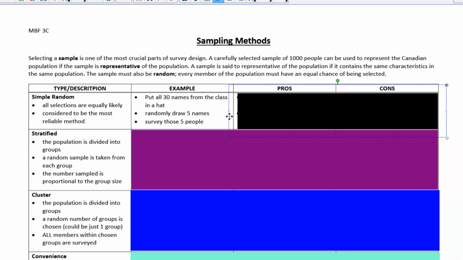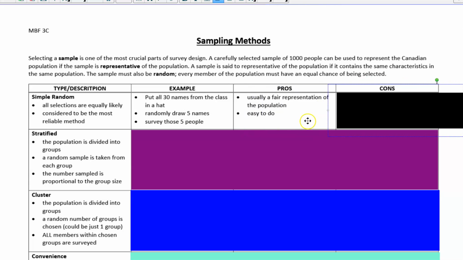So if we put all 24 names from the class in a hat and we randomly drew out 5 names and surveyed those 5 people, everyone has a chance of being selected. All those chances are equally as likely because your names are all in the hat, but the 5 that we draw out is very random.